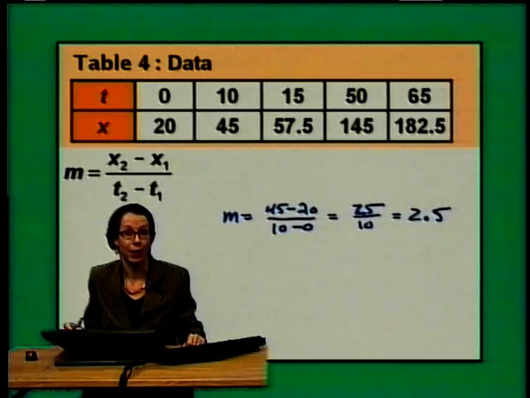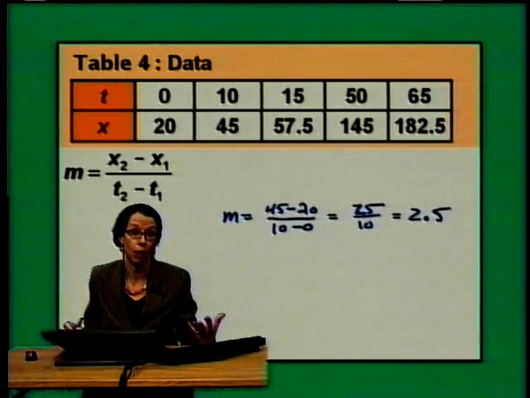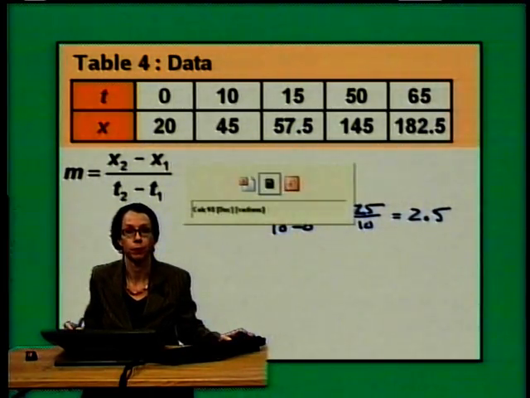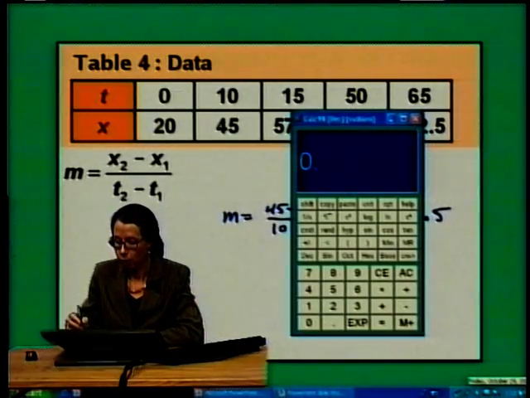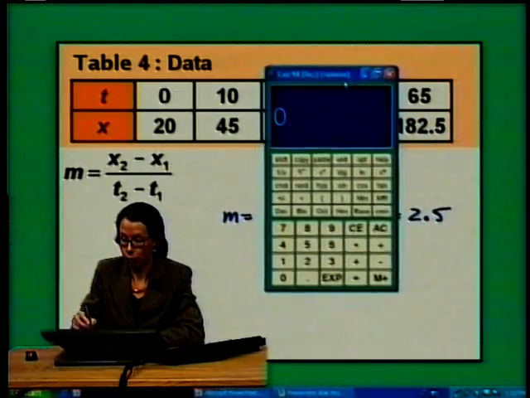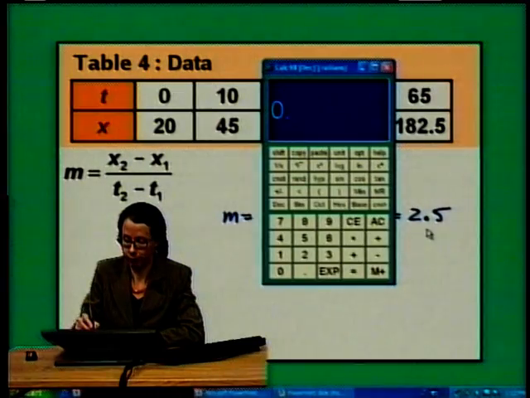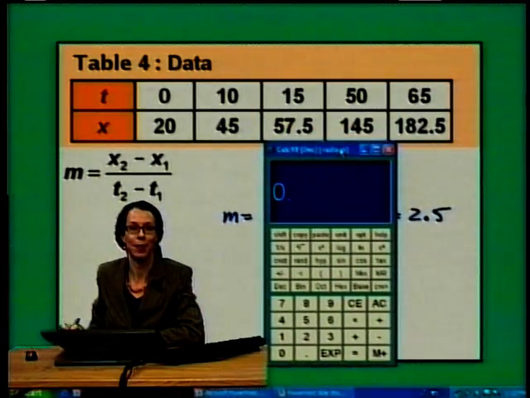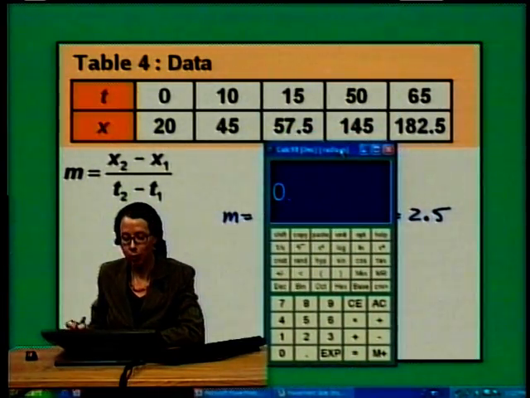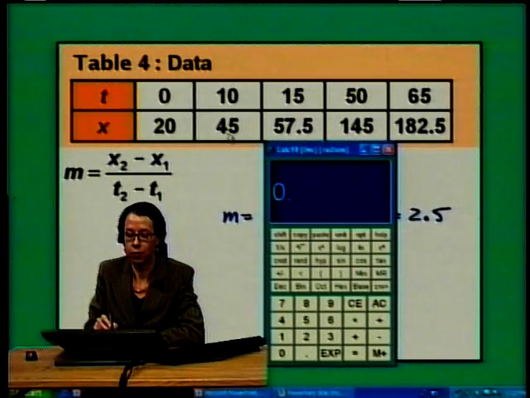So I'm going to pull out my calculator to check the other computations of slope. I know I want to end up with 2.5. And let me see my table of data here. I'm going to work with the second and third column of data, and I'm going to look at the difference in the x values over the difference in the t values.